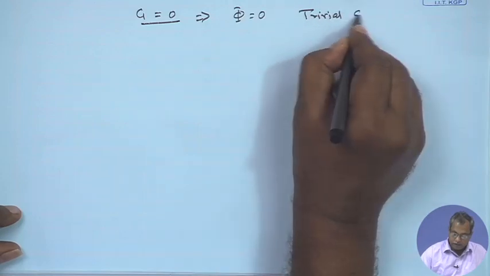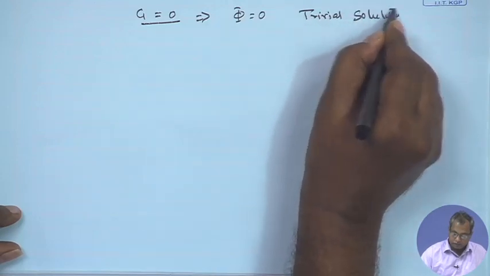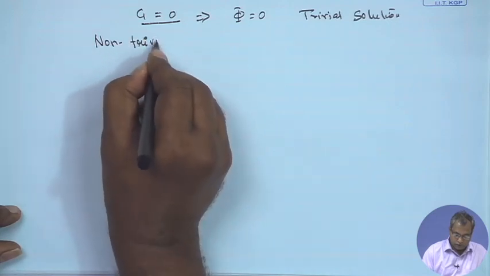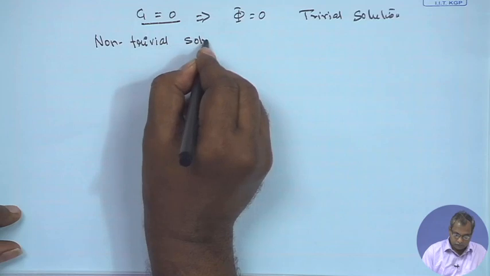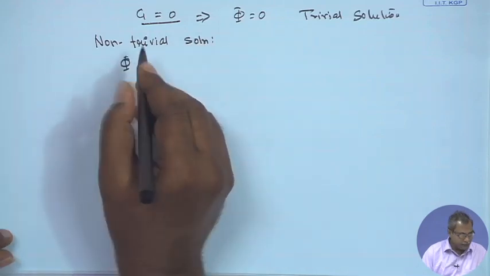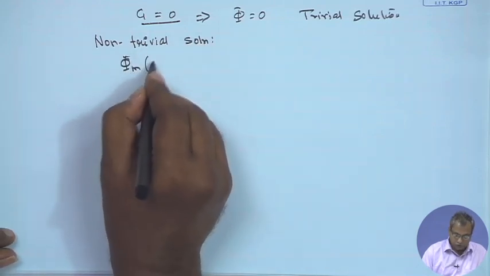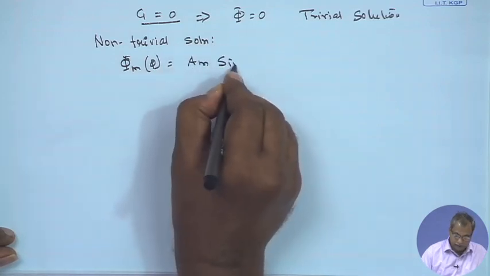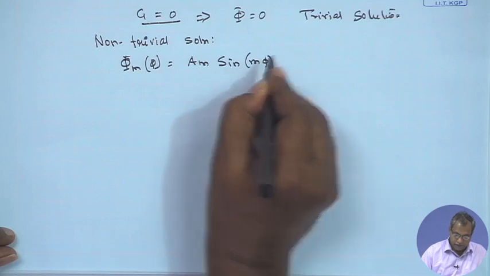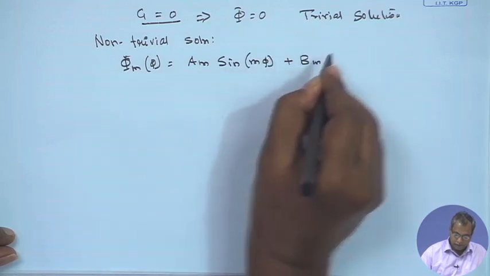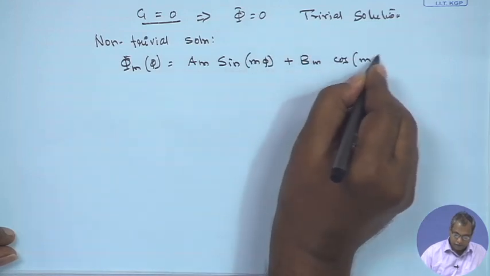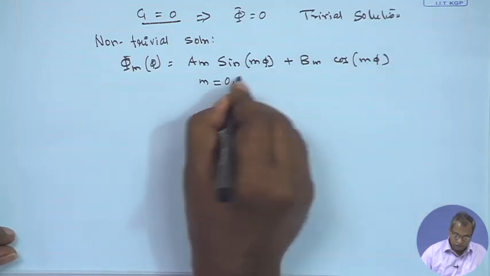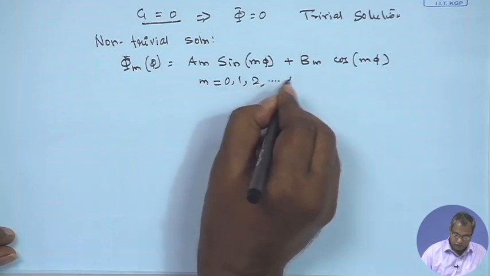For the non-trivial solution, we are really looking for the non-trivial solution. Therefore, phi m of phi will be nothing but a m sin m phi plus b m cosine m phi, where the index m runs from 0, 1, 2 up to infinity.